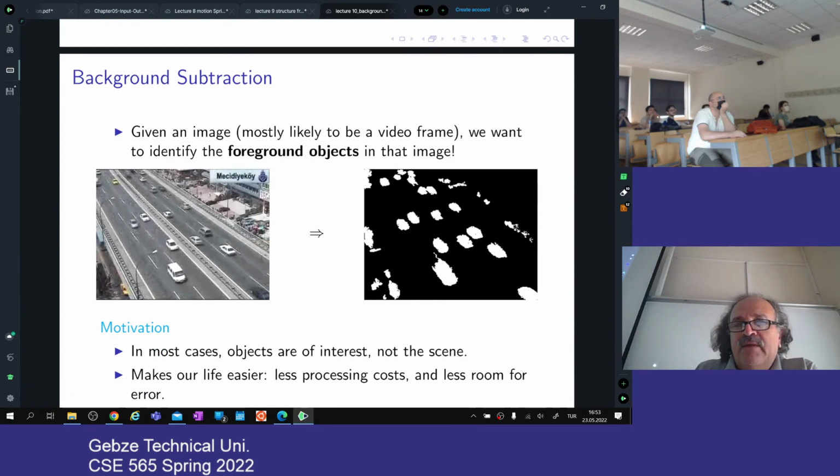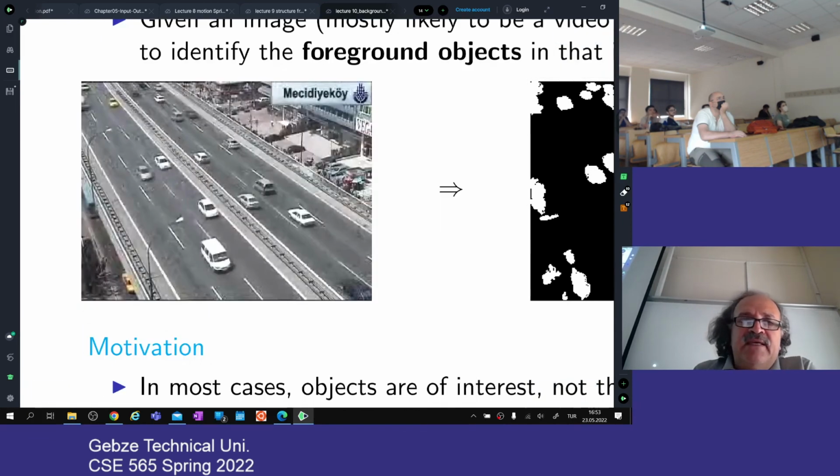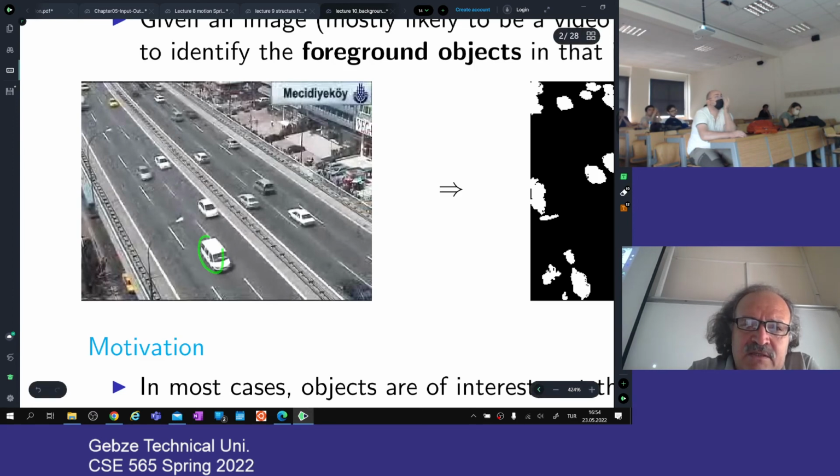Let's say I have a security camera looking at my highway, my freeway or payway, whatever. I would like to isolate the objects that are moving, because on an image like this, objects moving means that they are cars, right? If I can isolate this car here, I can isolate this and I can isolate this.